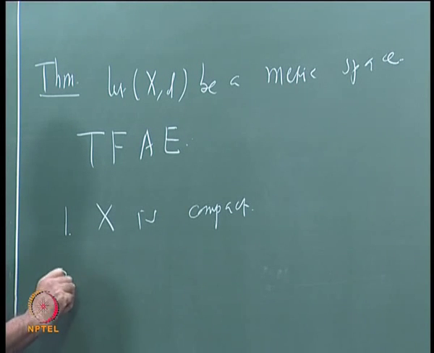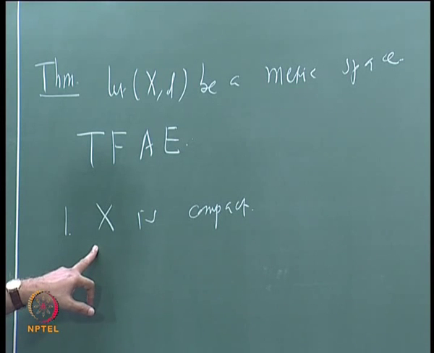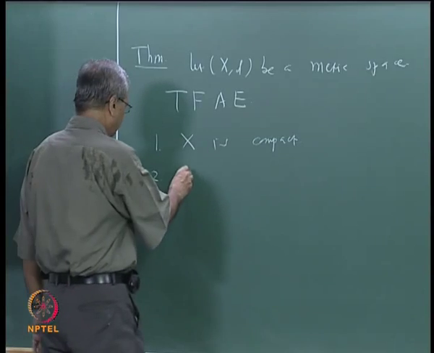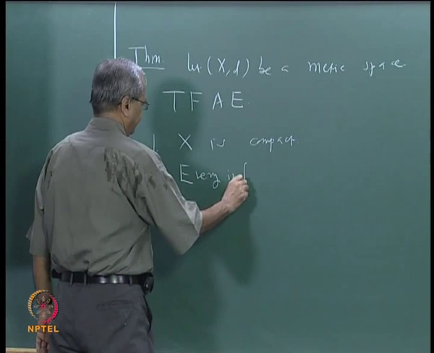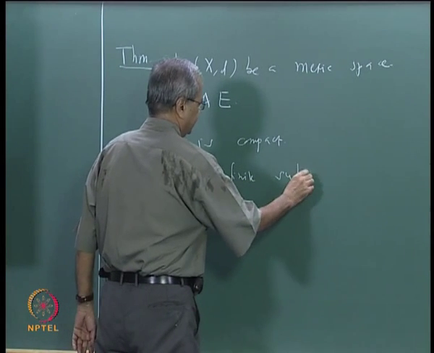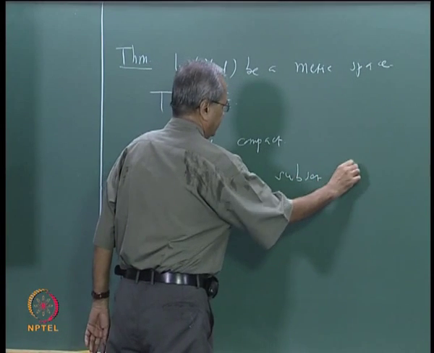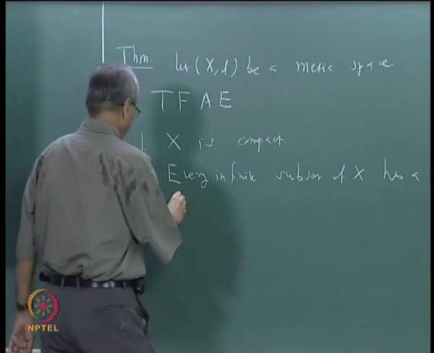Second is that if you take any infinite set in X, then that has a limit point. So every infinite subset of X has a limit point.